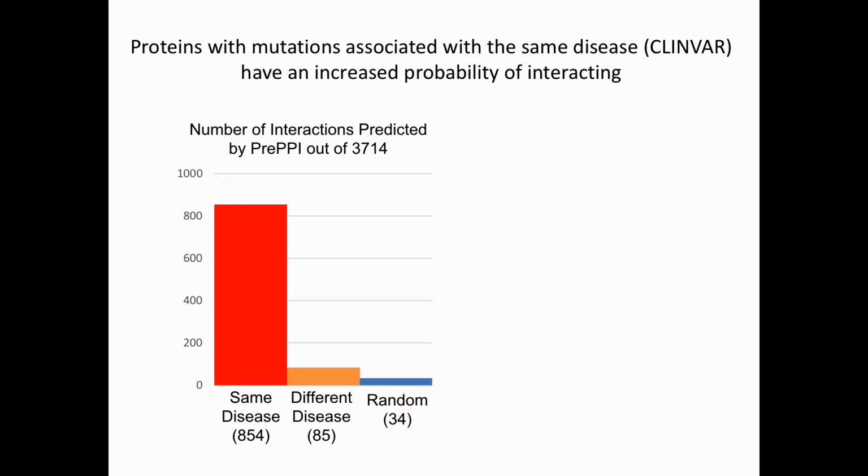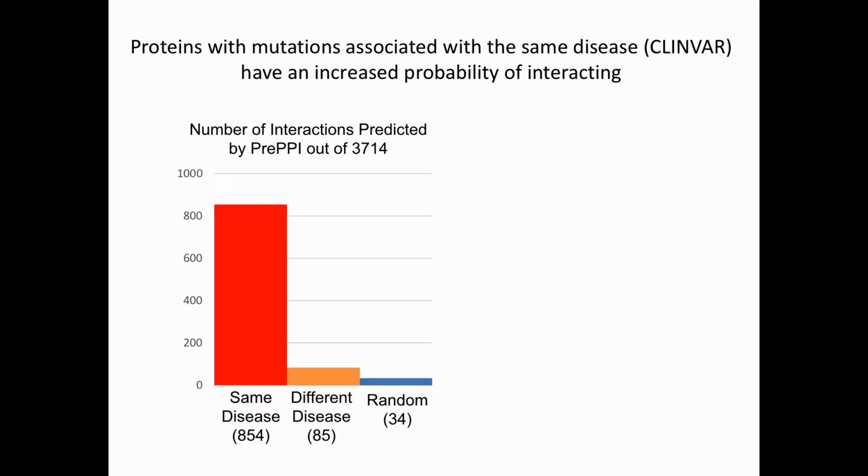We then asked the same question for proteins associated with different diseases or chosen randomly. I think you can see here that we get a very large enrichment. Proteins associated with the same disease are predicted by PrEPI to interact.